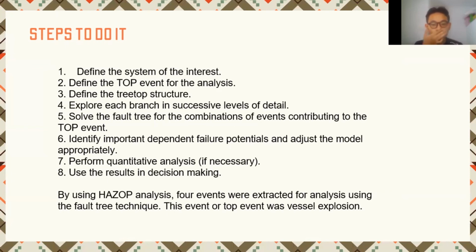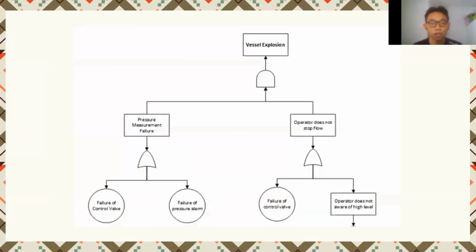So from our process plant, the top event was the vessel explosion. The vessel explosion will happen if pressure measurement fails and the operator does not stop flow. Those contributing events will contribute to a vessel explosion.